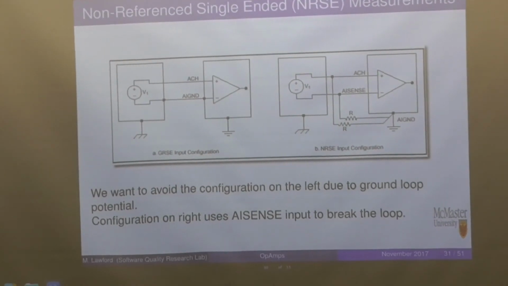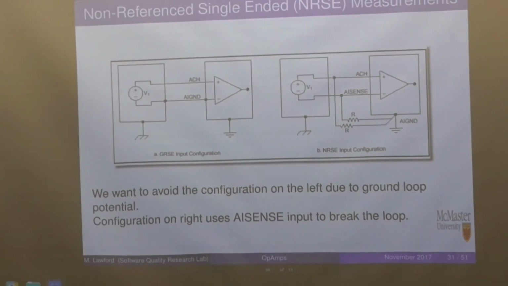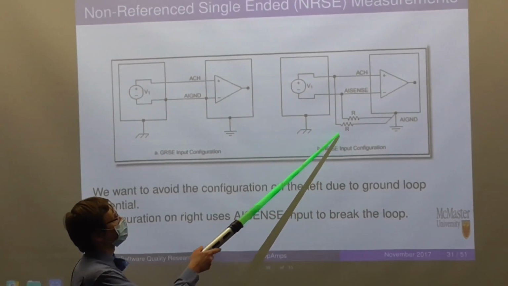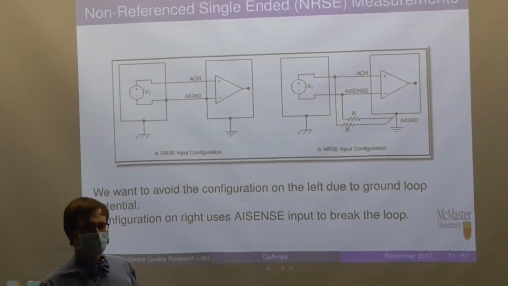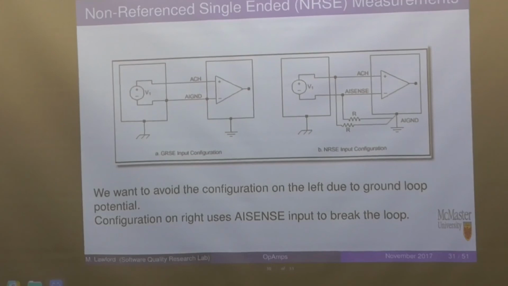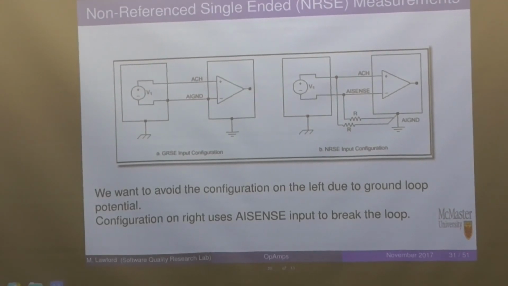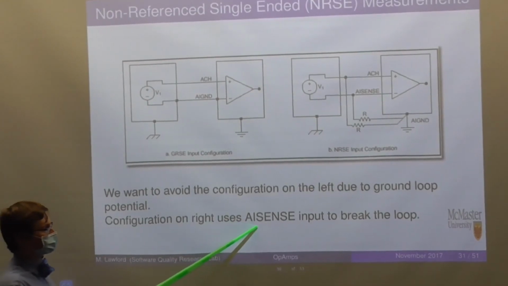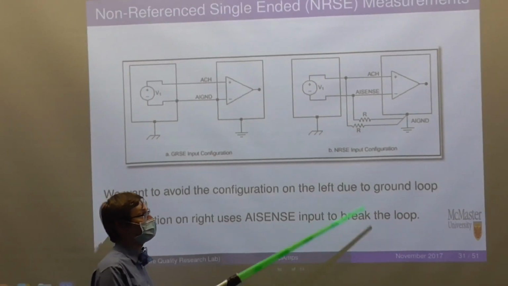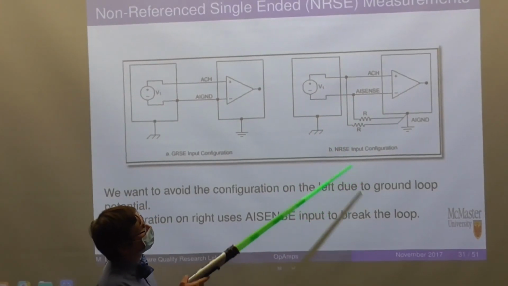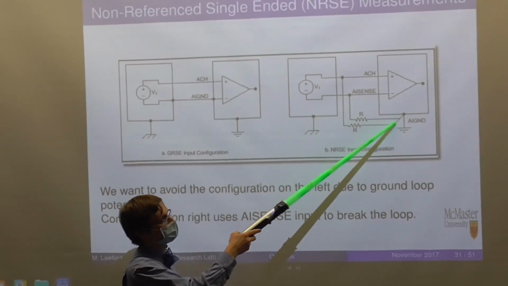So, one way that you can do this is you can put some resistance in the way of it, right? It's almost like a pull-down resistor. So, the configuration on the right uses AI sense to input to break the loop. So, this breaks the loop here, right?